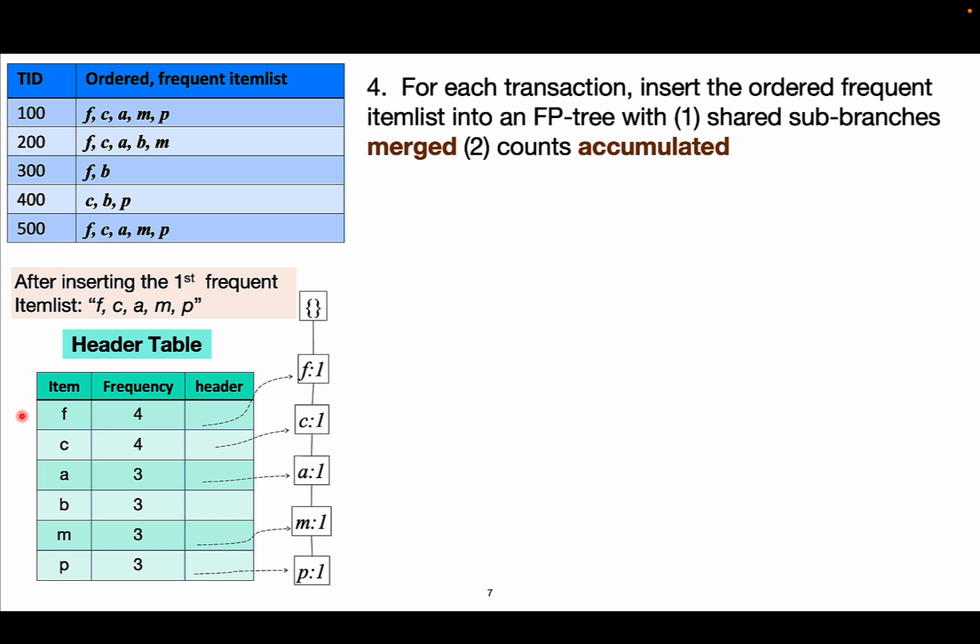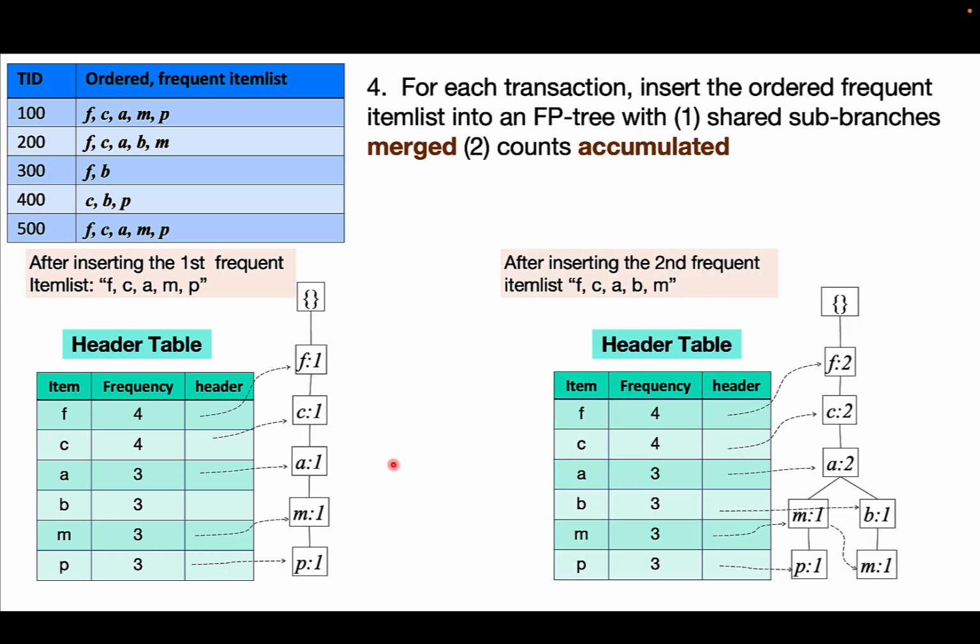Notice how the insertion of an item set starts from its header entry. So this is the FP tree after inserting the first transaction item sets. So first we start with the F, followed by C, followed by A, by M, by P. And notice here we have a counter that maintains the frequency of the item set so far.